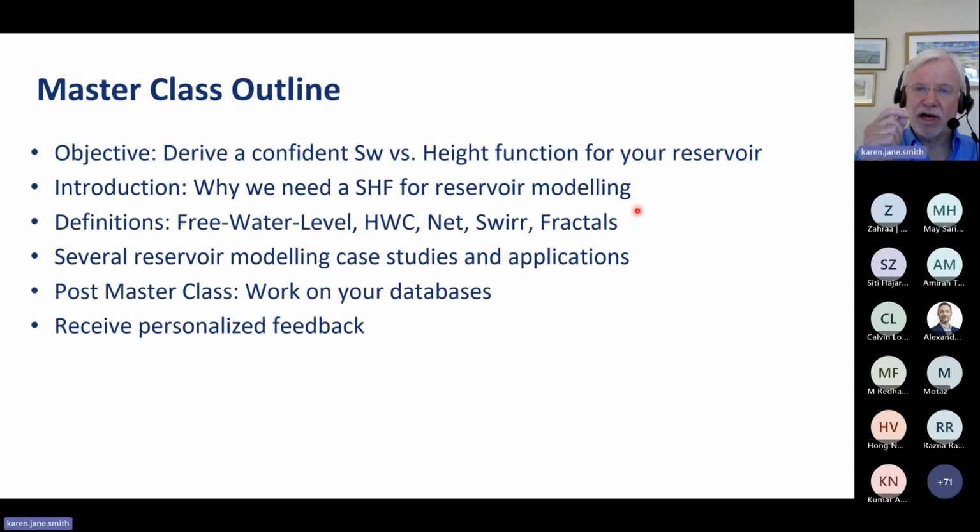If we can't agree on the basics, we won't be able to go anywhere. And these will include, as what you see on the screen there, the free water level, etc. After we derive the function, I will go into several case studies and applications. And after the masterclass, I am happy to work on your databases and give you personalized feedback.